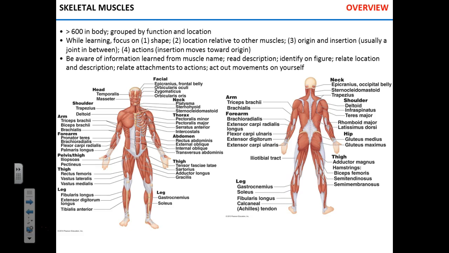A couple of pieces of advice on learning the muscles. As I mentioned before, the best way to eat an elephant is piece by piece. Don't try to memorize all of them in one sitting. Also, I strongly recommend not starting with the muscles of the head. Every year I observe that people nail the head muscles, but when it comes to the muscles of the arms or the legs, they're exhausted and they start to struggle.